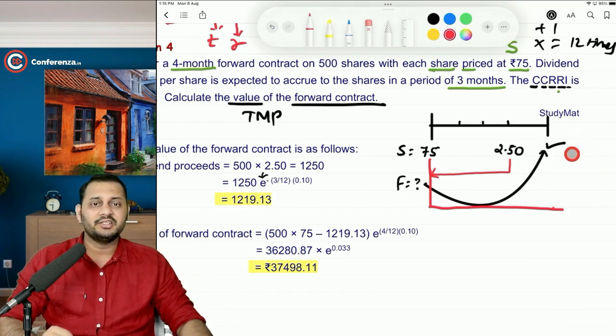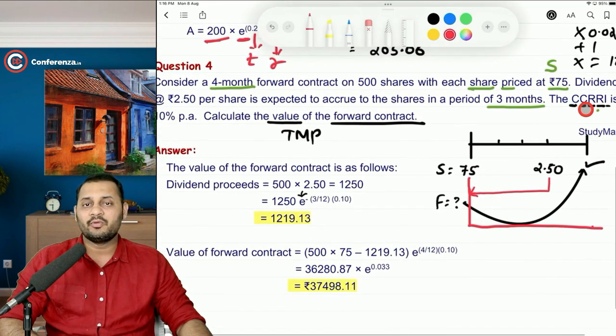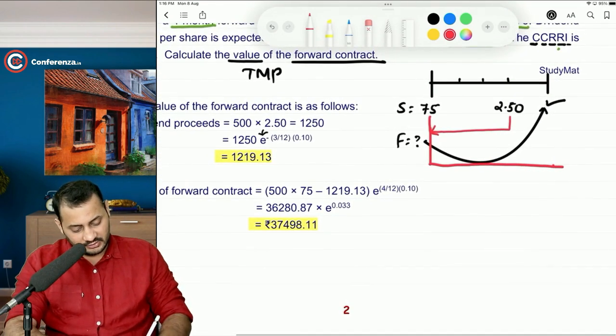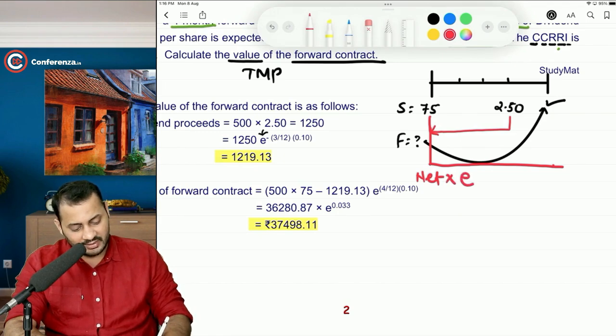And then deduct both these amounts. But the Institute has followed the approach that is written here. Take the present value of 2.50 first, bring it to the 0th time, adjust it in the 75 rupees and take the net figure to the 4th month's value. And apart from that, this is not that easy. You have to use the continuously compounded rate of return. So this is the net figure which you are going to multiply by e to the power RT.